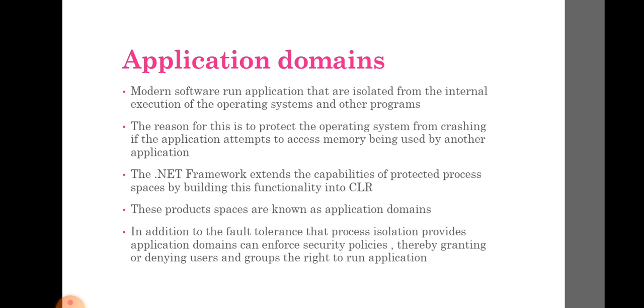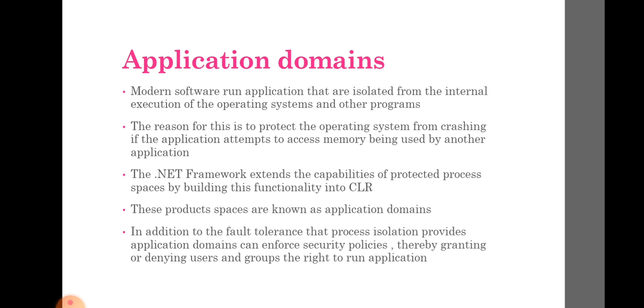Got it? Some modern software runs applications that are isolated from the internal execution of the operating system and other programs. That means some programs are already executing in the operating system. Now your applications also execute alongside them. It may clash with the existing files which reside inside the operating system.